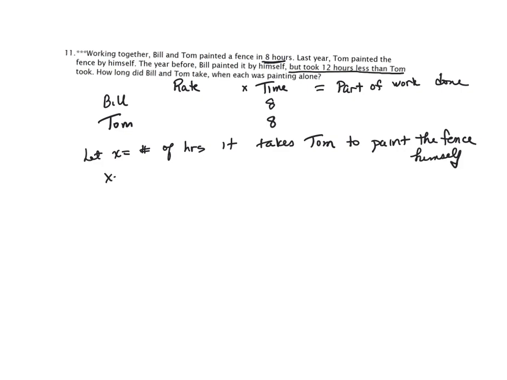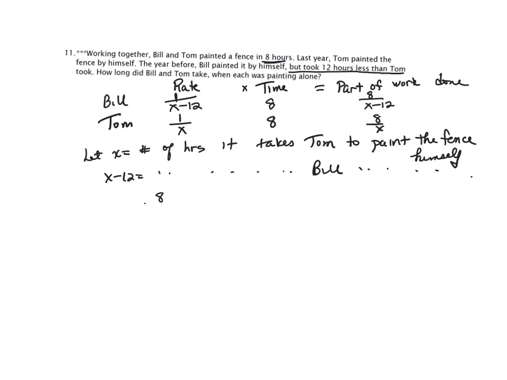And let x minus 12 equal the number of hours it takes Bill to paint the fence himself, which would make their rates 1 over x and 1 over x minus 12. Okay, so that would give us the part of the work done, which would be 8 over x minus 12 for Bill and 8 over x for Tom.